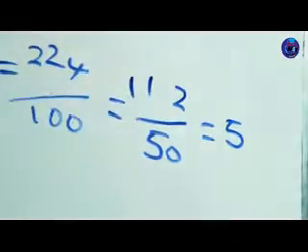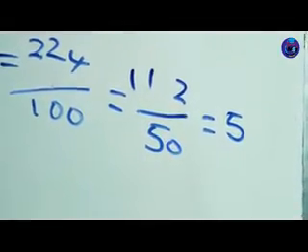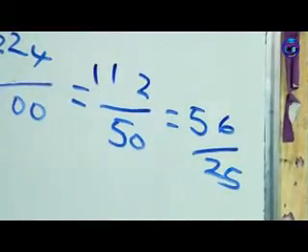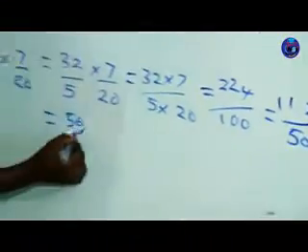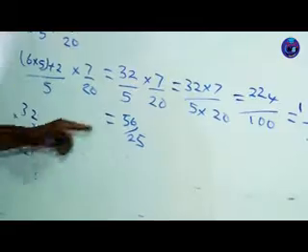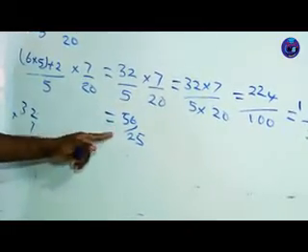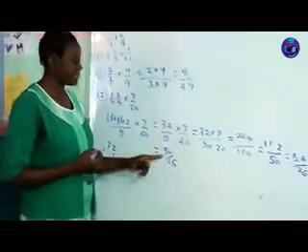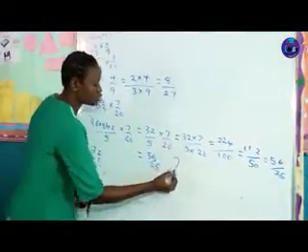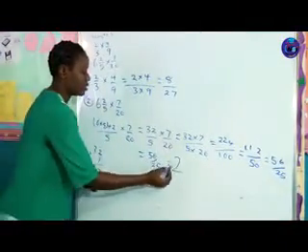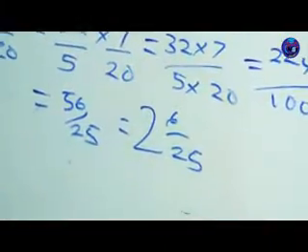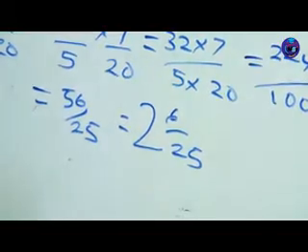Remainder 1. Lift it here. 12. How many 2 can I find in 12? 6. All over 25. So the answer here gave 56 over 25. Then this is an improper fraction. I could change it back to a mixed fraction. How many 25 can I get in 56? 2 whole number. Remainder 6. 6 over 25.